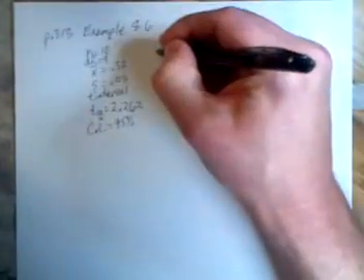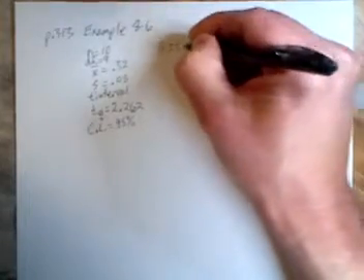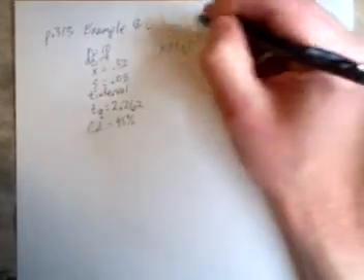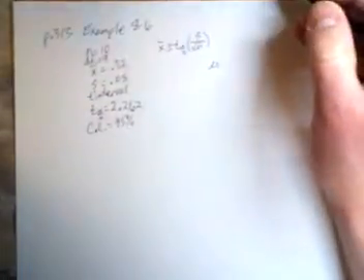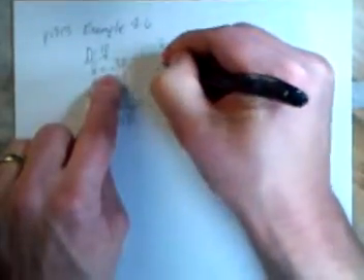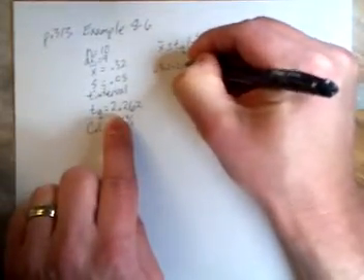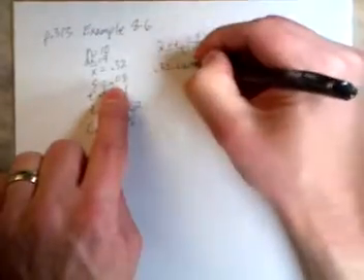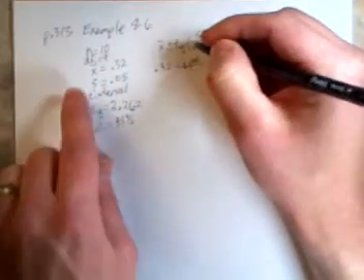The formula that we need to use is going to have x bar plus or minus your t sub alpha over 2 times your sample standard deviation divided by the square root of n. So your population mean should be between 0.32 minus 2.262 times your sample standard deviation of 0.08 divided by the square root of n.